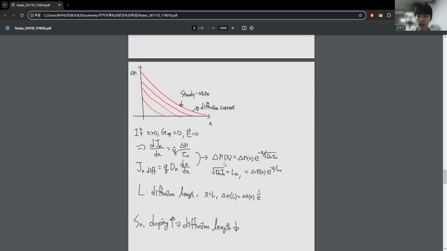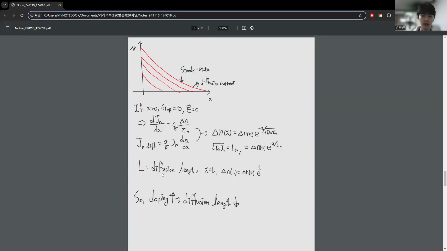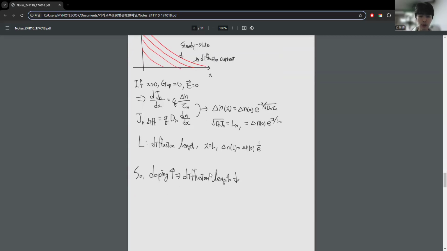So delta n(x) equals delta n0 times exponential of minus x over root of Dn tau n, so root of Dn tau n equals Ln. L is the diffusion length. When doping is higher, the diffusion length is lower.